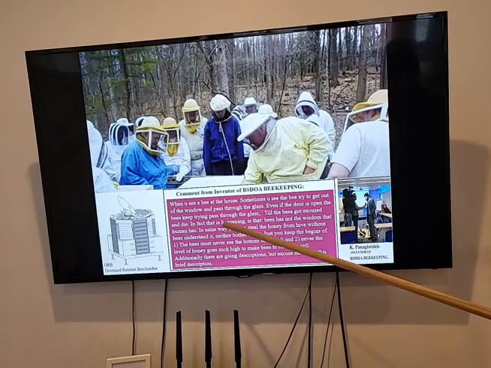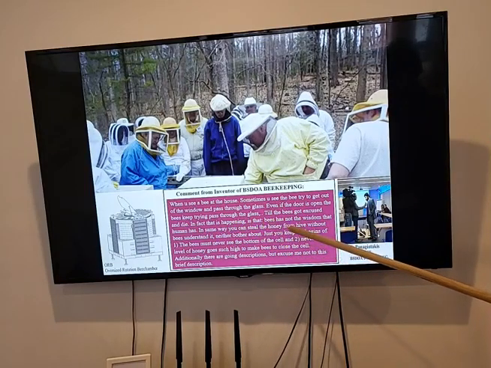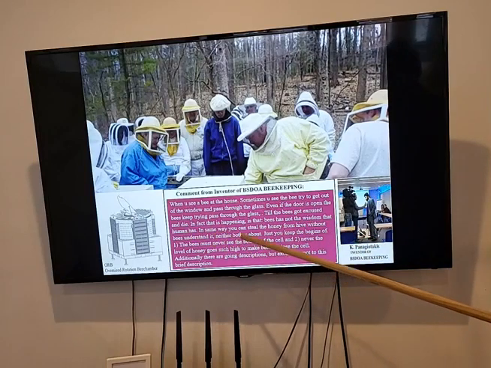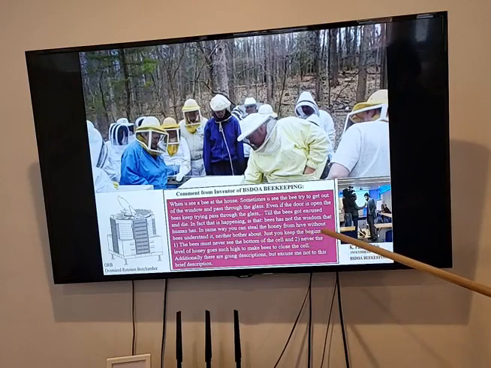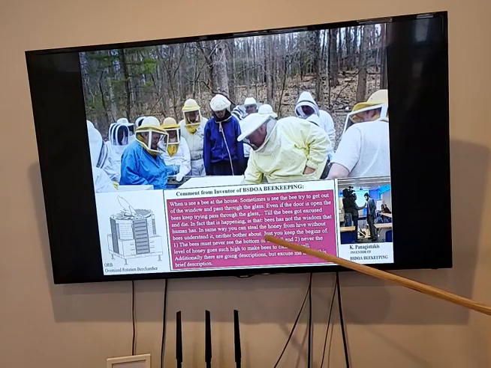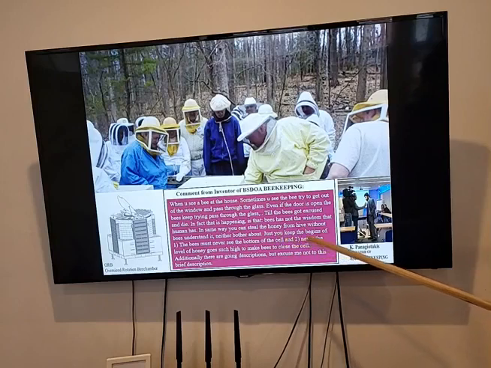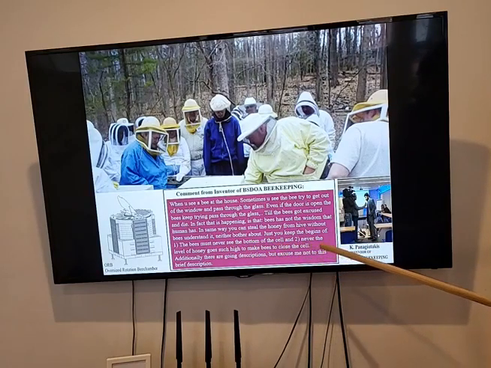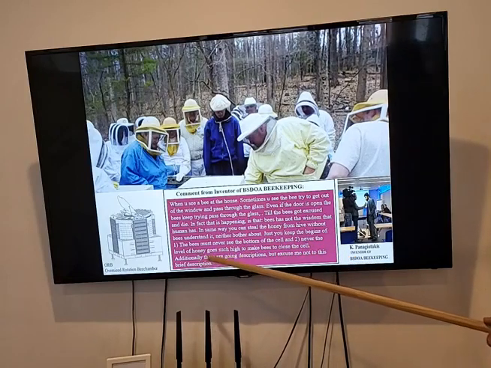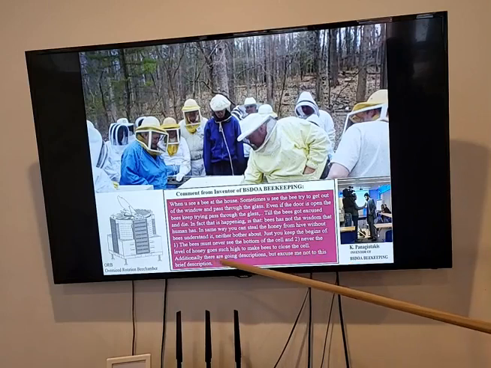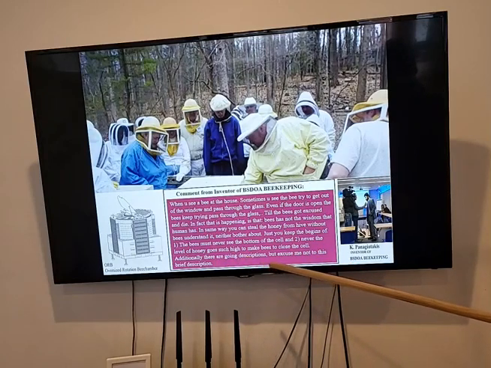In fact, what is happening is that bees do not have the wisdom that humans have. In the same way, you can steal the honey from the hive without the bees understanding it. Never bother about it. Just keep the beginnings off. The bees must never see the bottom of the cell, and second, the level of honey must never go so high as to make the bees close the cell. Additionally, there are longer descriptions, but excuse me, not in this brief description.